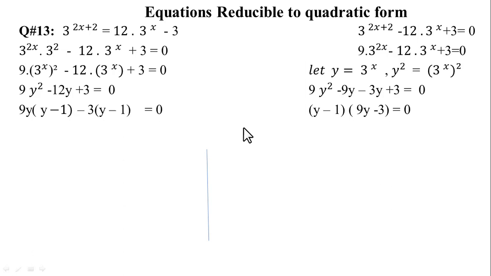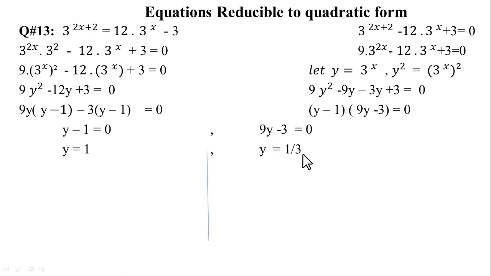So these have two factors: y minus 1 is equal to 0 and 9y minus 3 is equal to 0. Either y minus 1 is equal to 0 or 9y minus 3 is equal to 0. So y is equal to 1 and y is equal to 1 upon 3.